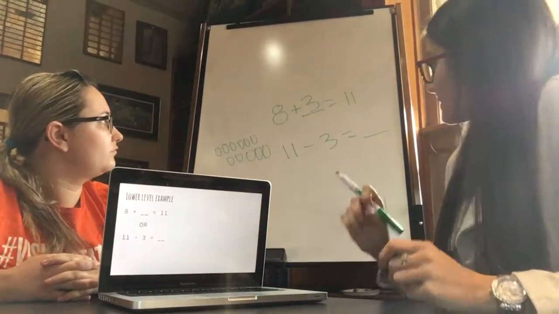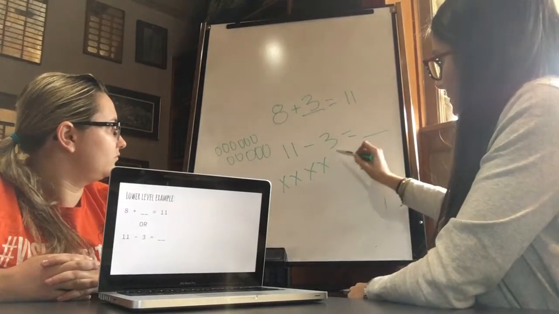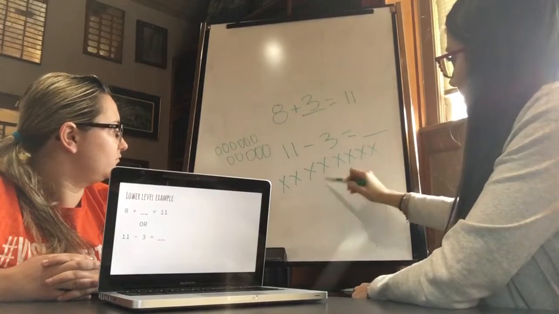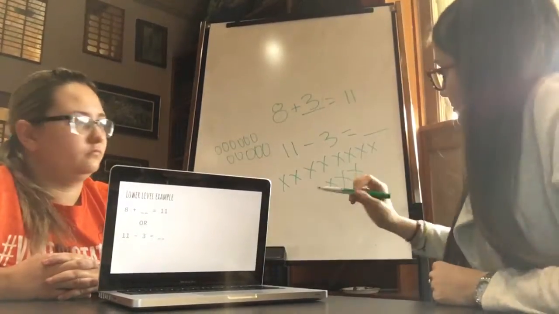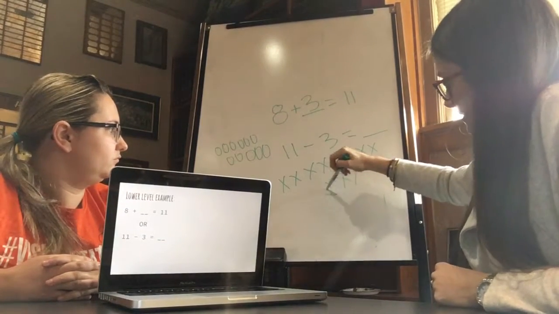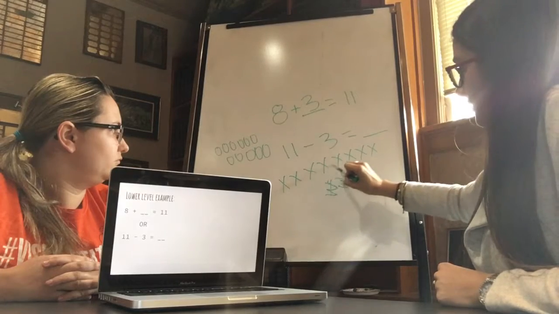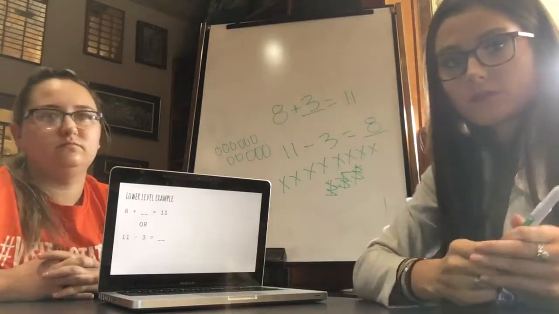And then in our second example, we can draw 11 X's. So 1, 2, 3, 4, 5, 6, 7, 8, 9, 10, 11. And then we want to subtract 3. So we can squiggle out 3. And 1, 2, 3, 4, 5, 6, 7, 8. 8 is left over.